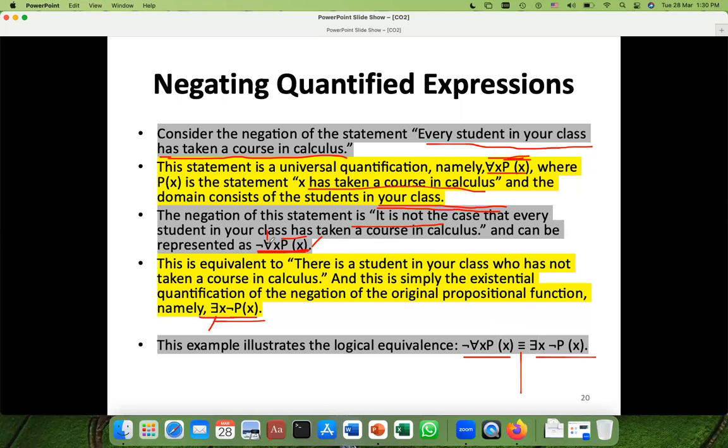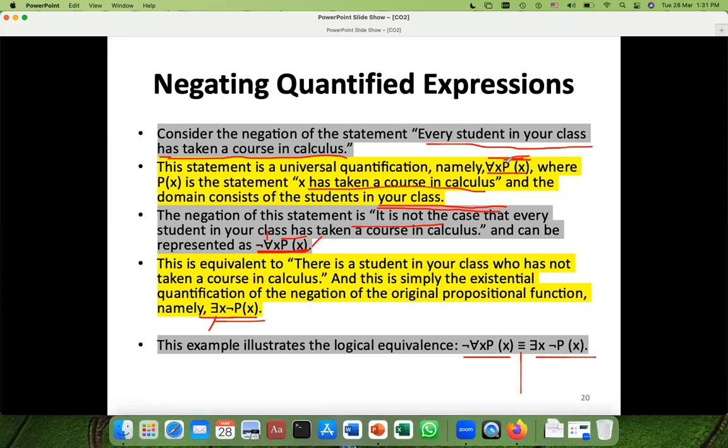For example, if I am saying for all students something is true, what would be the negation? When will this statement be true? When I say for all x, P is true.